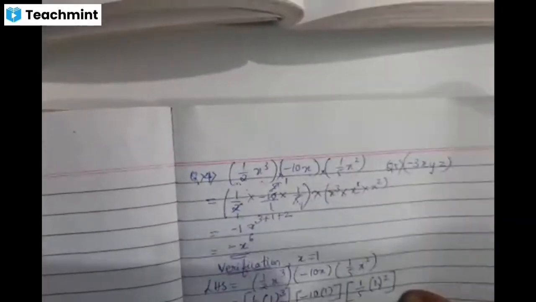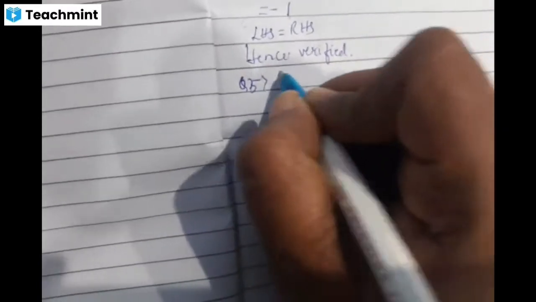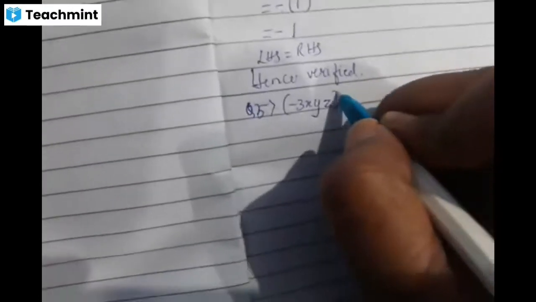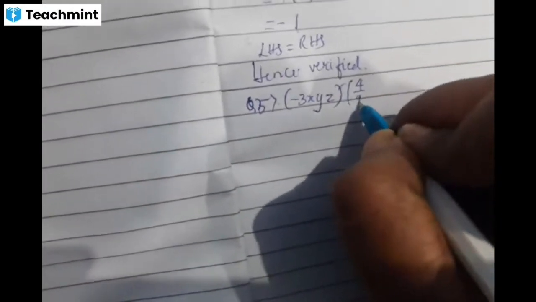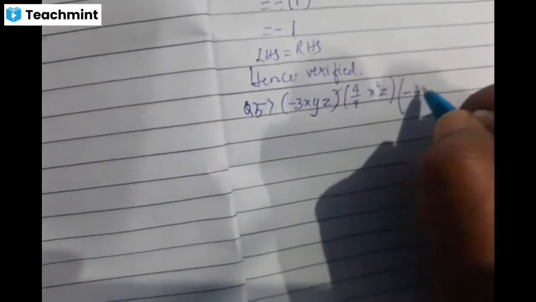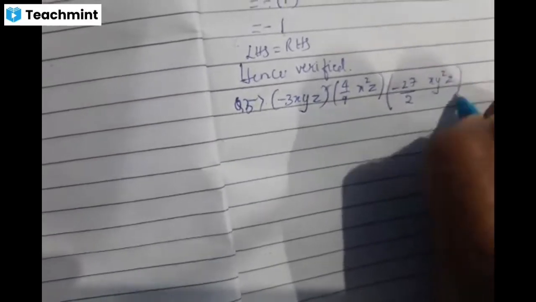Minus 3xyz into 4 by 9 x square z into minus 27 by 2 x y square z.